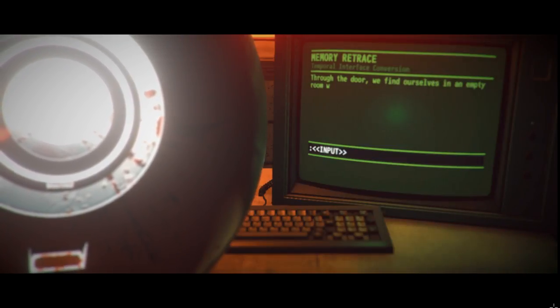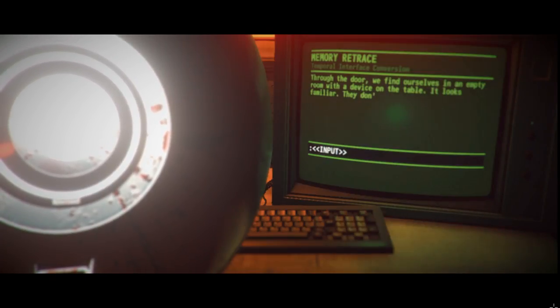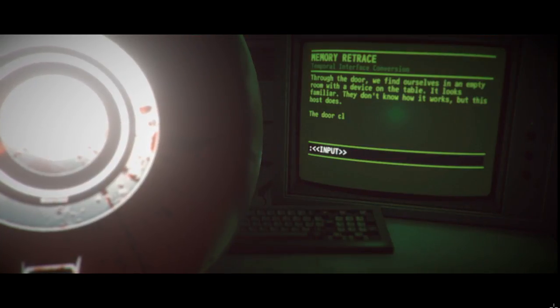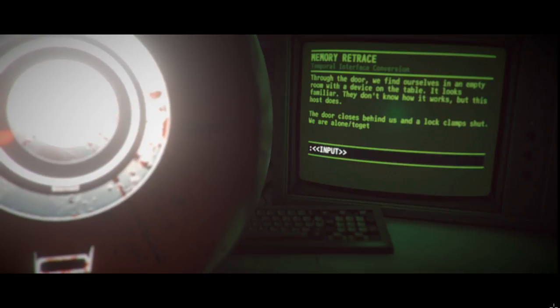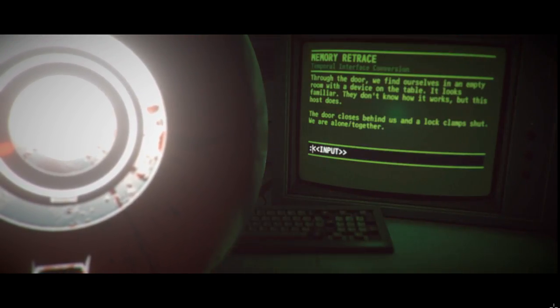Through the door, we find ourselves in an empty room with a device on the table. It looks familiar. They don't know how it works, but this host does. The door closes behind us, and a lock clamps shut. We are alone, yet together.